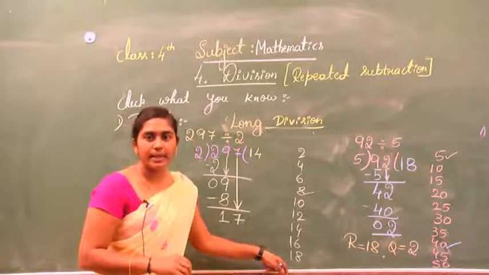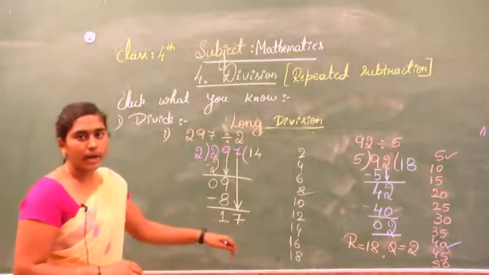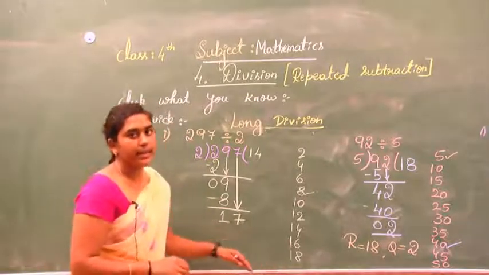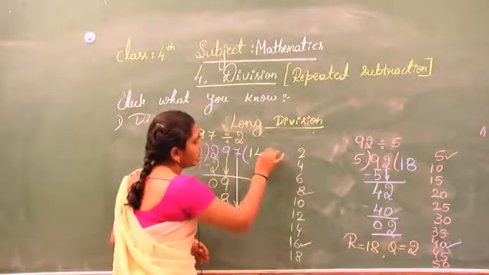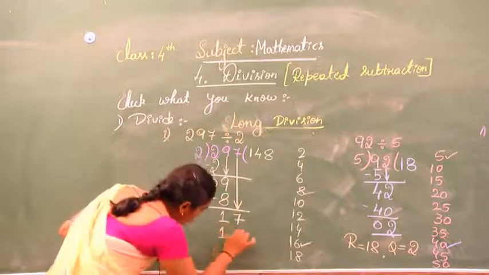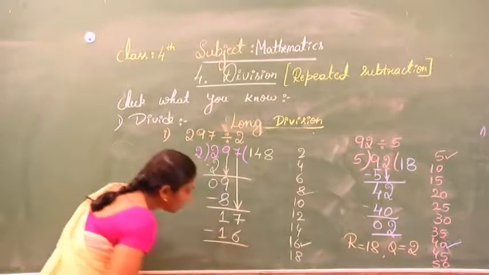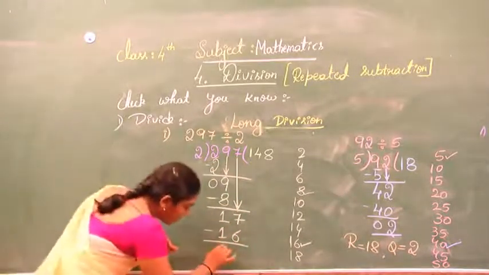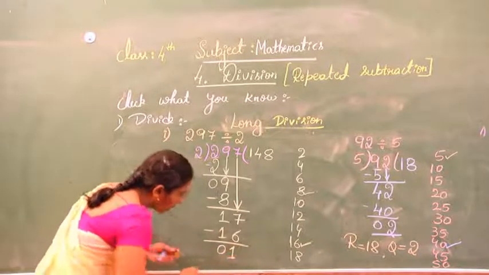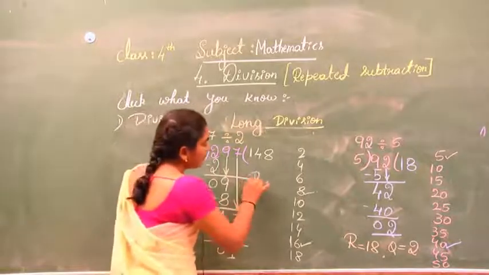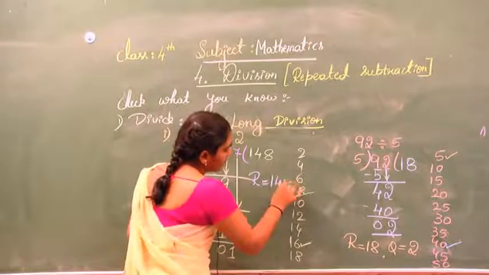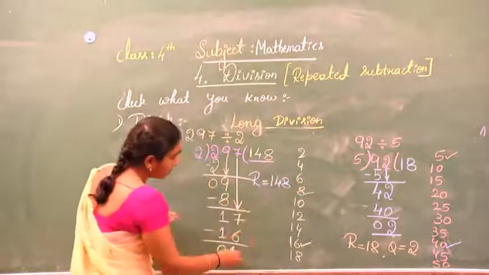Is there a number 17? No, right? Which is less than 17? It is 16. So 2 8s are 16. Now the remainder will be 1. Now what is the remainder and what is the quotient?